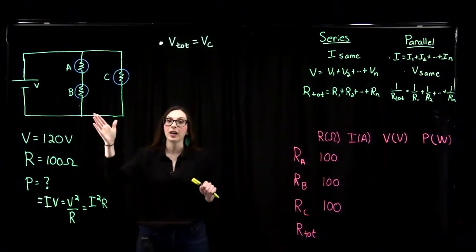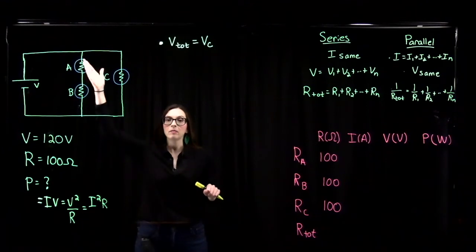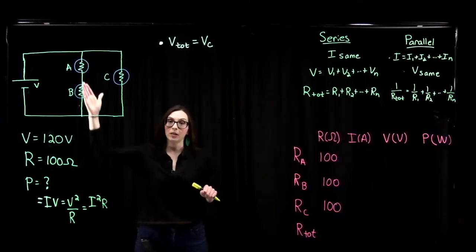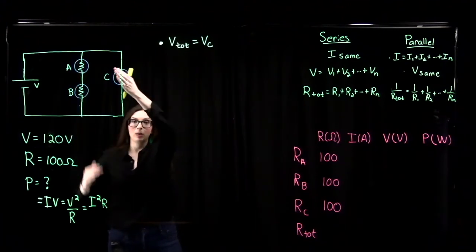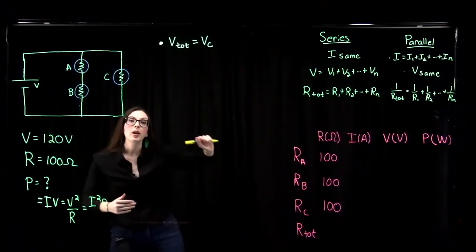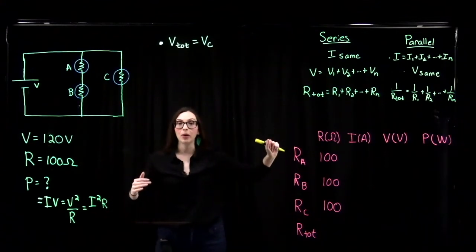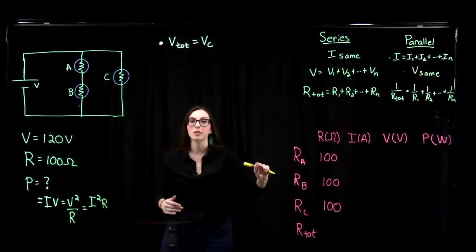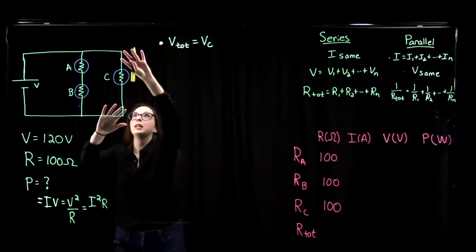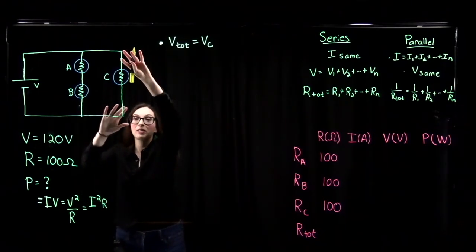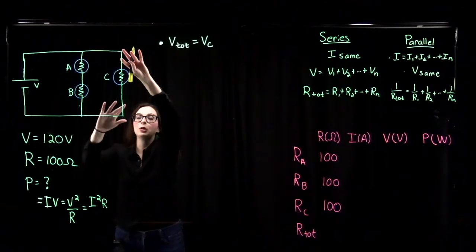When we look at our circuit, we see that A and B are in series with each other, but this branch right here is in parallel with this branch right here. When our resistors are in parallel branches, the potential across them is the same. So if I bring in my voltmeter and I measure the potential between here and here, it will be the same as what's supplied by my battery, 120 volts.